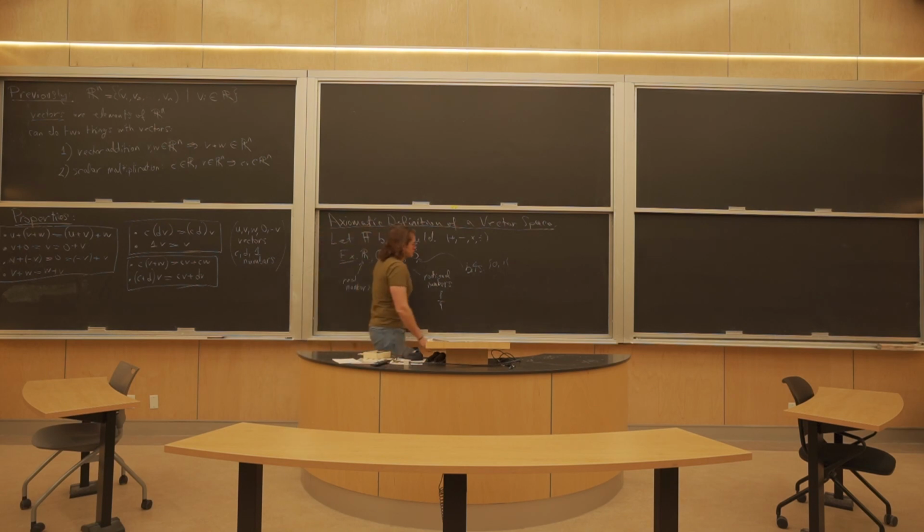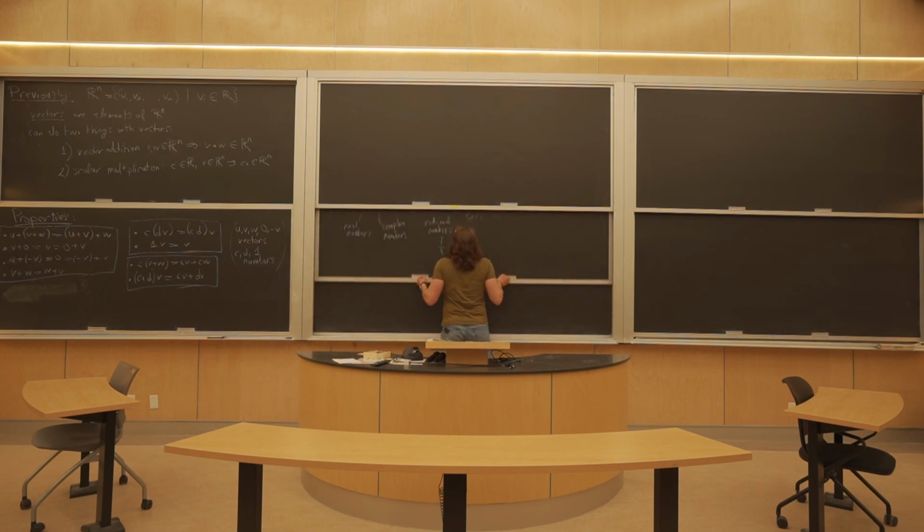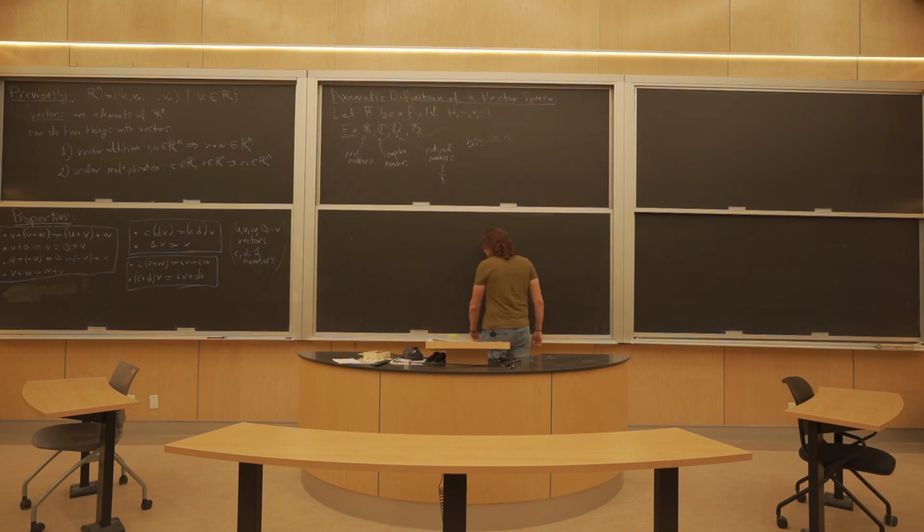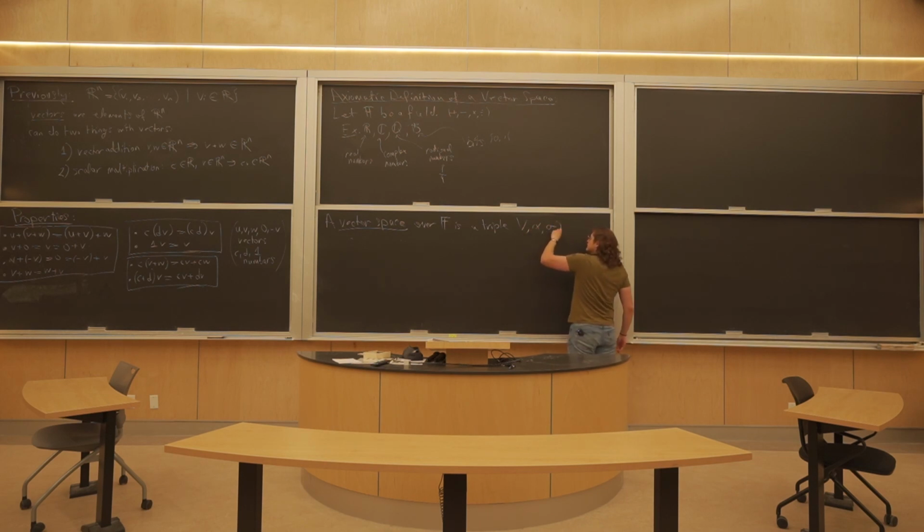But I really think R. A vector space over F, so I need to record, first of all, the field of scalars that I'm using, is by definition a triple V, and let me say alpha and sigma.